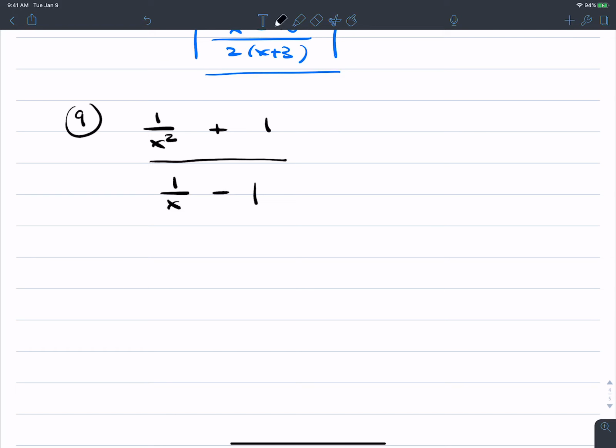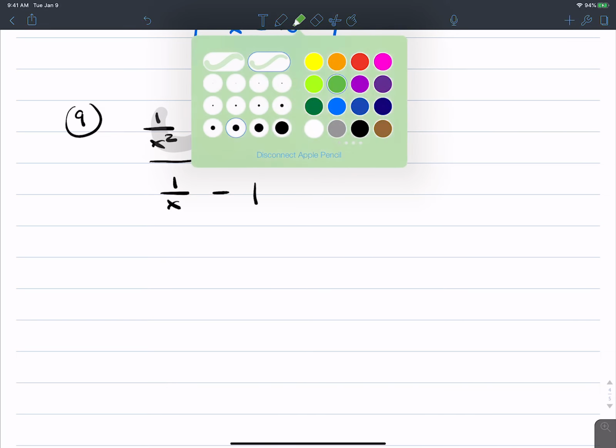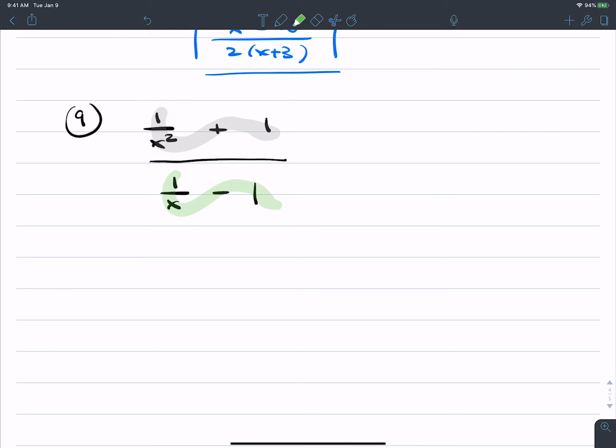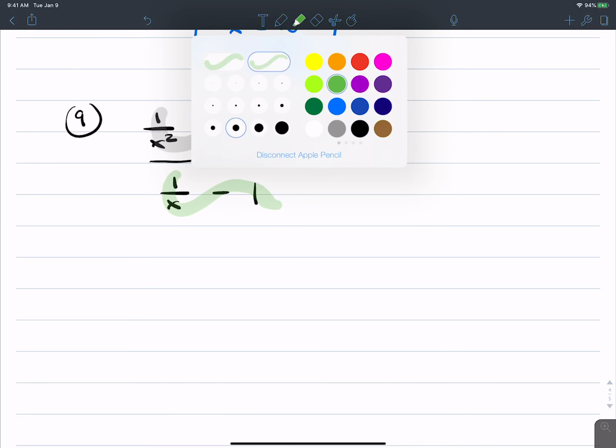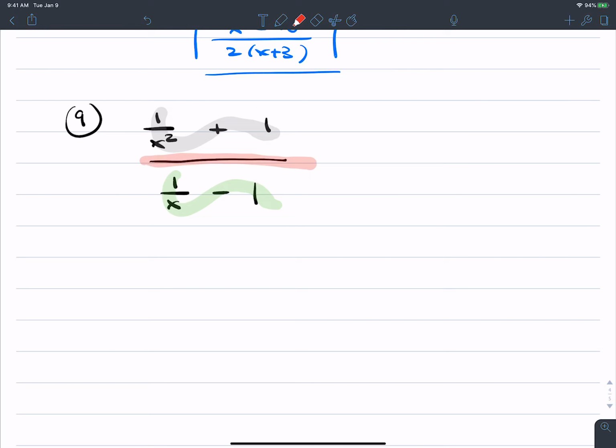So again, we have a sum on top, a sum of two fractions. We have a difference on the bottom, the denominator position, a difference of two fractions, and they want us to divide here. So we have work to do.